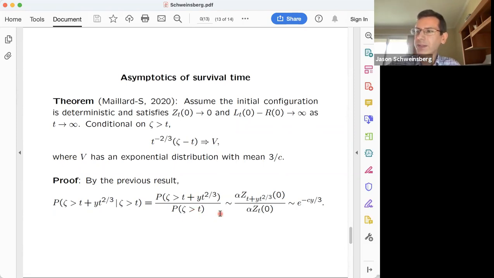And then from the theorem on the previous slide, the numerator is asymptotically alpha times z sub t plus y t to the 2/3 of 0, and the denominator is asymptotically alpha times z_t of 0. And then just from the formula for z, one can see that as long as no particle is too close to the right boundary, this ratio will converge to e to the minus c y over 3, which is why we get this exponential distribution with a mean of 3 over c.